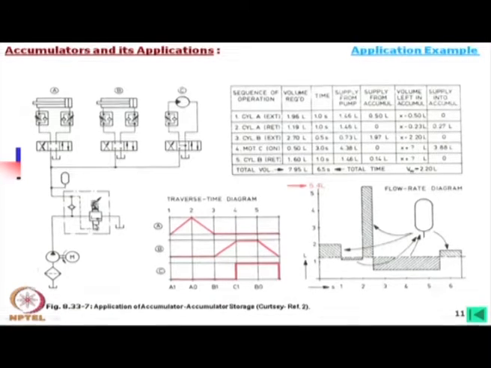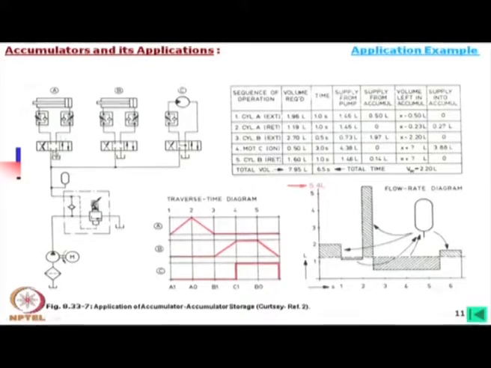Now, in these operations, this is cylinder A, this is cylinder B, and this is pump C, and both have a flow control valve. This means this system requires forward and backward or return motion, both with controlled speed. That is why flow control valves are there.